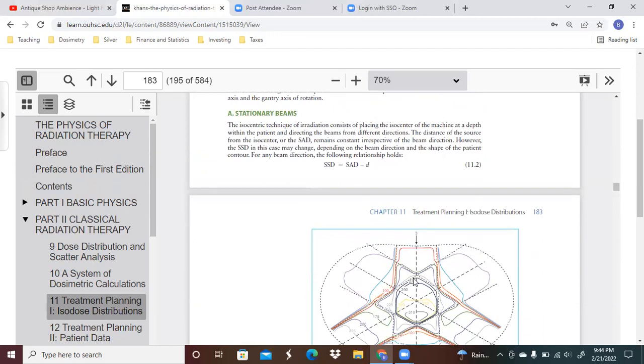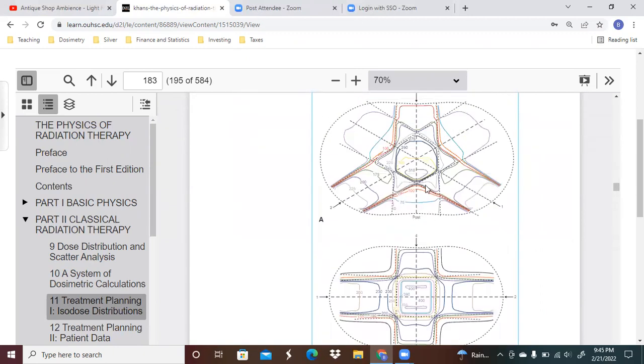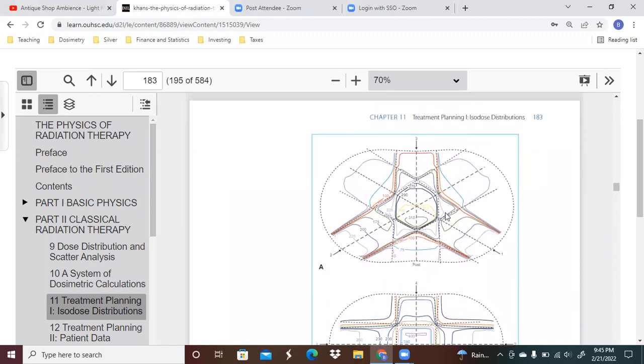So isocentric techniques for stationary beams, these are isodose distributions that you would see here for say a 3-field. So you've got one coming in here and exiting out this way. So it's coming from here, exiting out that way. Then you've got one coming this way and then one coming this way.